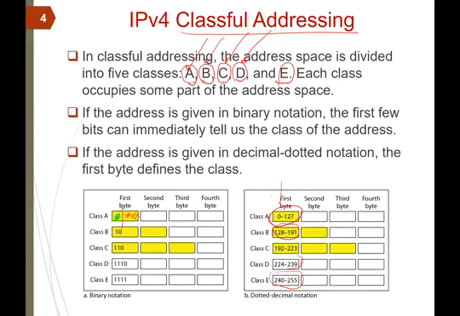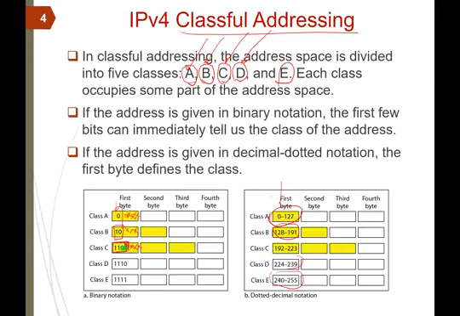If the first bit of the first byte is 0, then this is class A. Now if the first bits are 1, 0, and the other ones are whatever, this is class B. If the first bits are 1, 1, 0, this is class C. You don't care about the other bits, okay? You just look at these three.